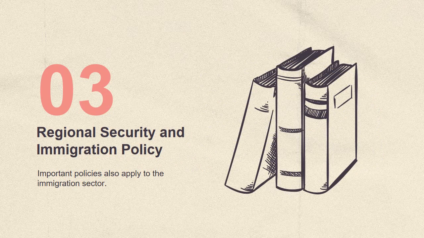Third, regional security and immigration policy. An important policy also applies to the immigration sector. Trump has prohibited several countries with a Muslim majority from entering the territory of the United States, including Syria, for refugees who have spread to various countries to seek refuge, or the travel ban.